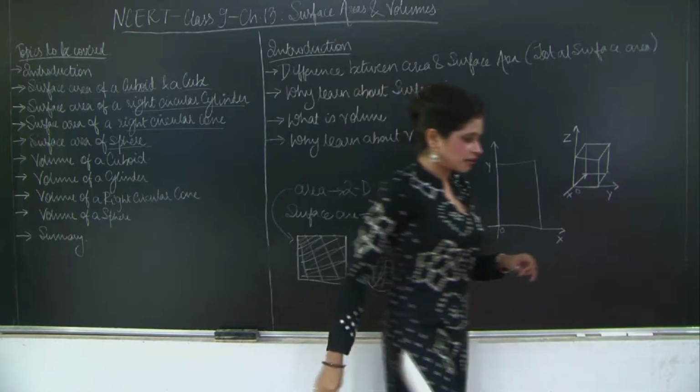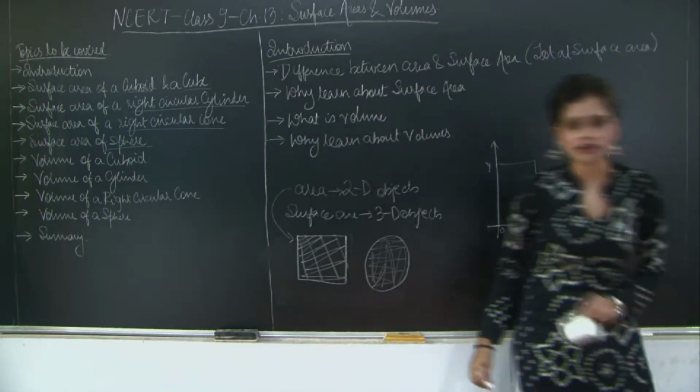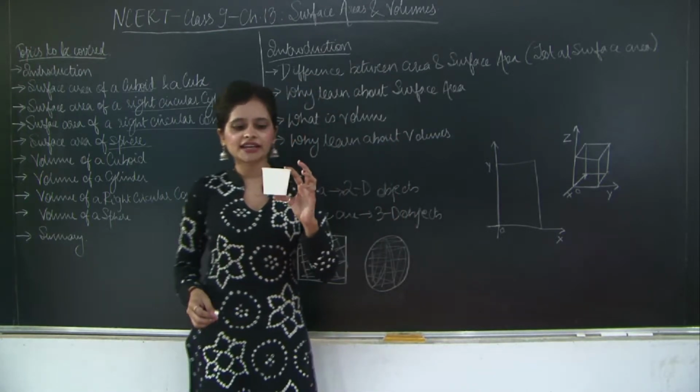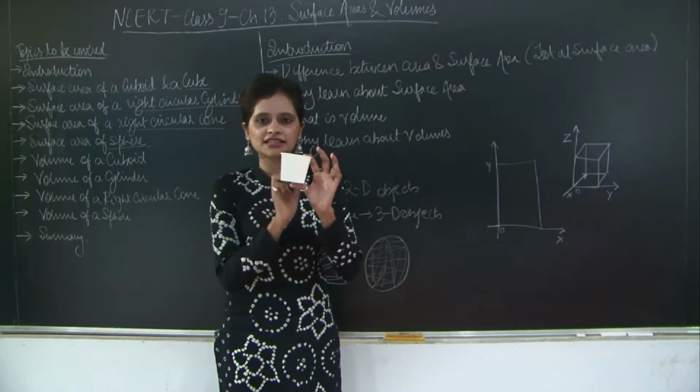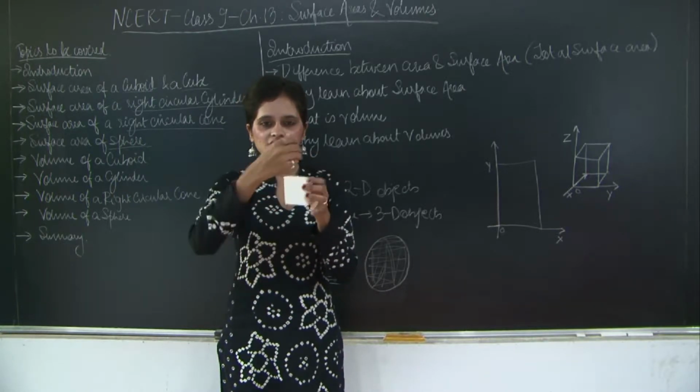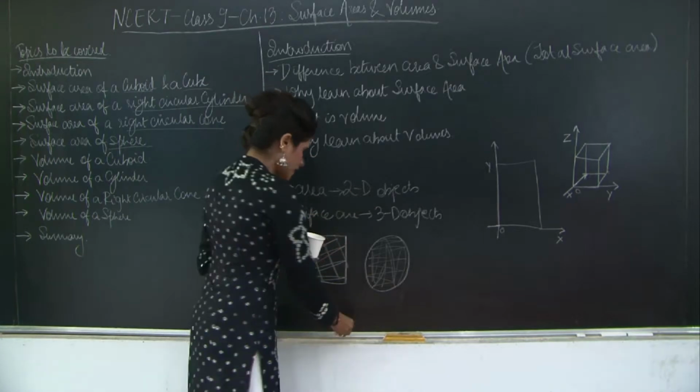So let's again, if I take an example of a cylinder, take a look at this cup. The total surface area is going to be the sum of this entire area plus this area. So if I cut this over here, right, let me draw a line.